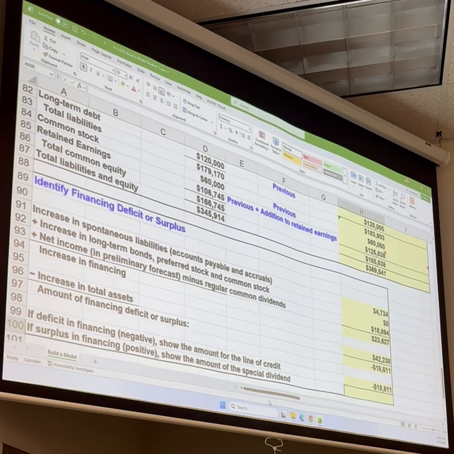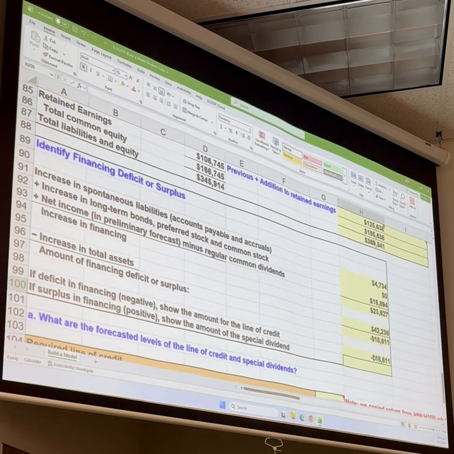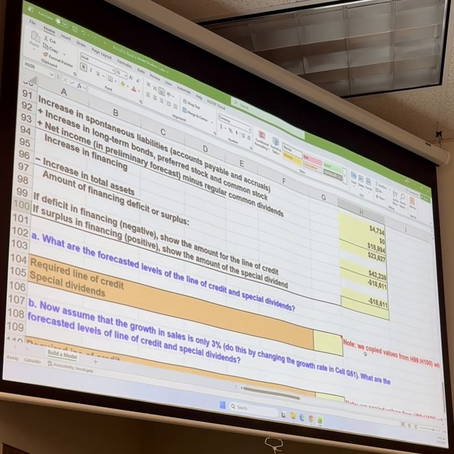So the line of credit that we're going to have to draw on is going to be 18,611. Got it? All right.